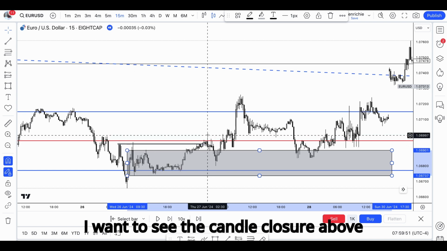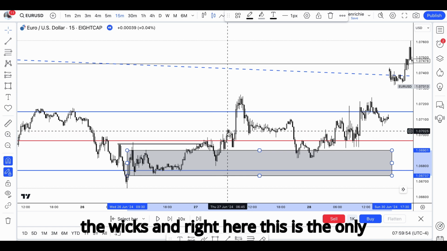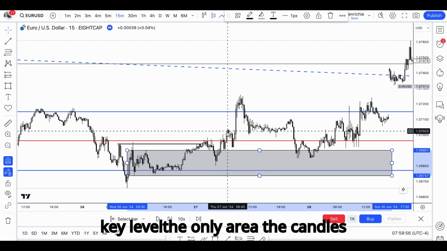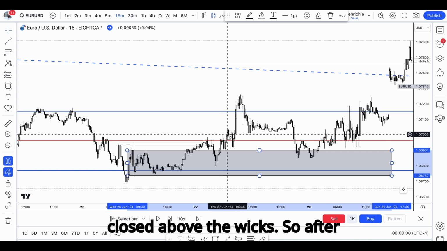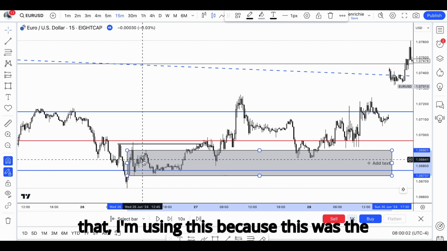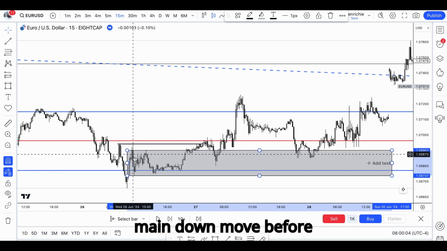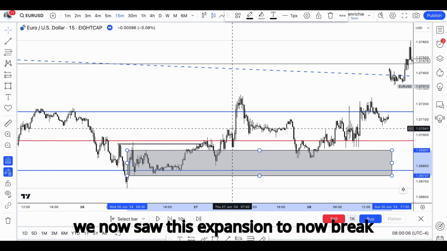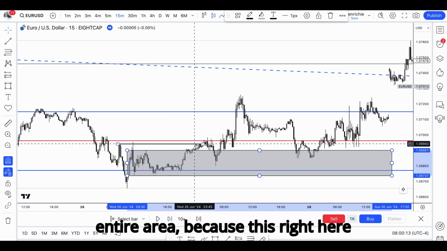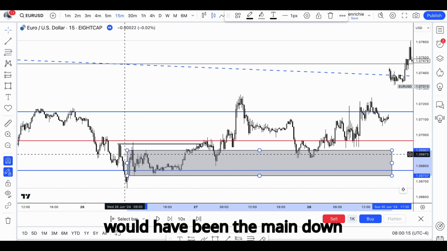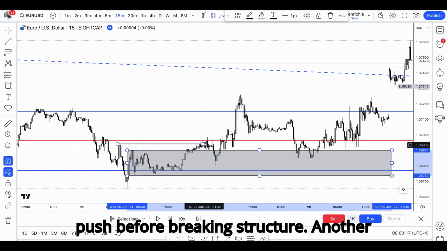I want to see the candle closure above the wicks. And right here, this was the only key level, the only area the candles closed above the wicks. So after that, I'm using this because this was the main down move before we saw this expansion to break structure. That is why this entire area, because this right here would have been the main down push before breaking structure.